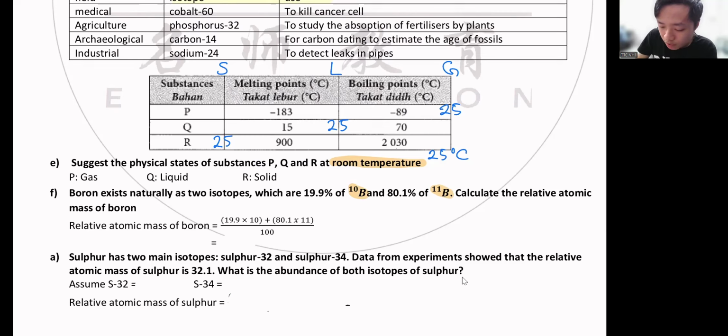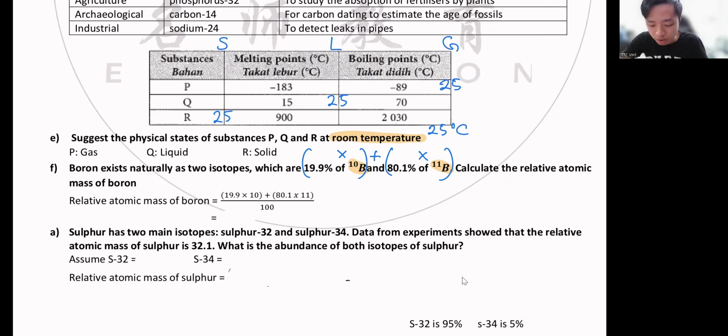You just use 19.9% times 10, then plus 80.1% times 11. That's all. So the answer is 10.8.